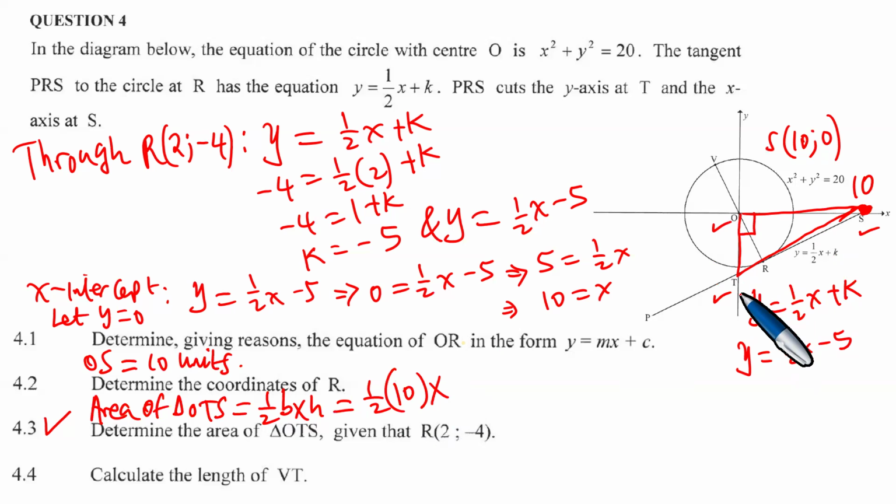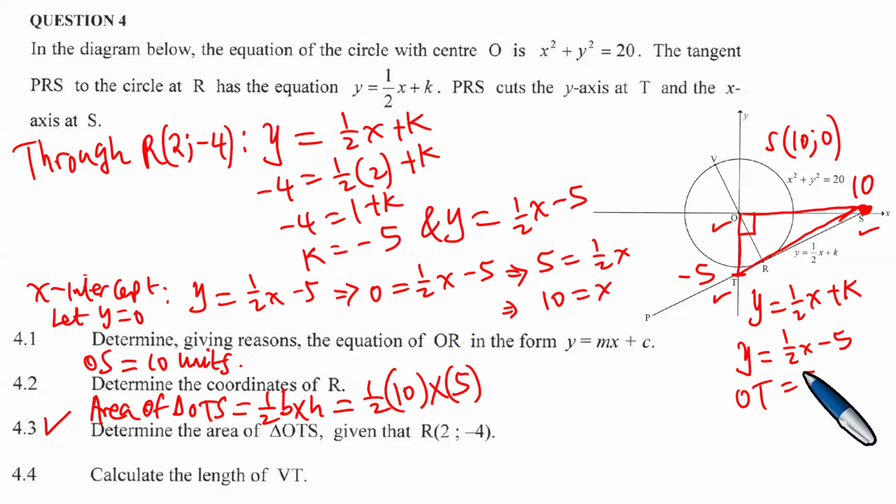We know this is the straight line y equals 1/2 x minus 5, so the y-intercept is minus 5. So OT is 5 units.